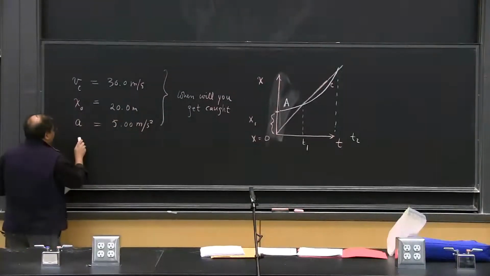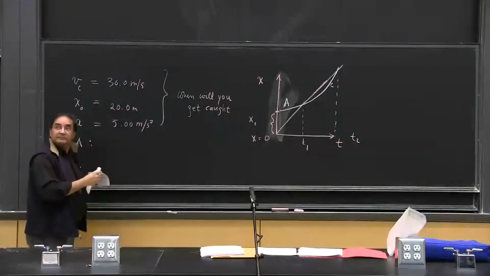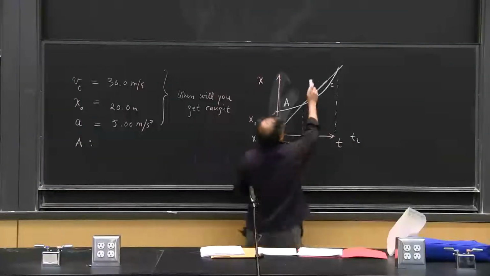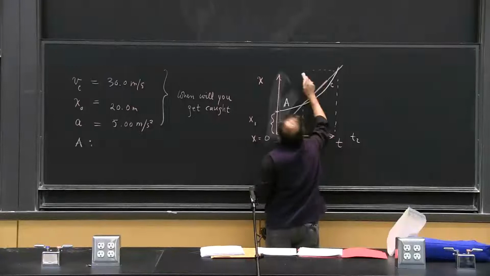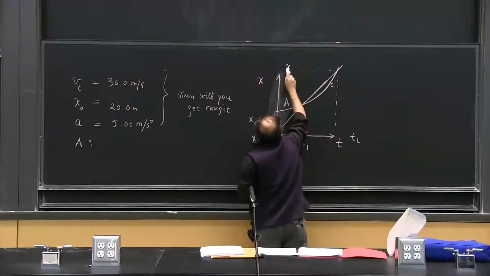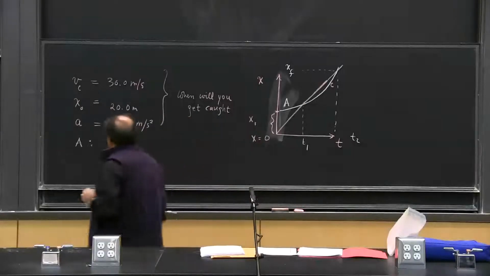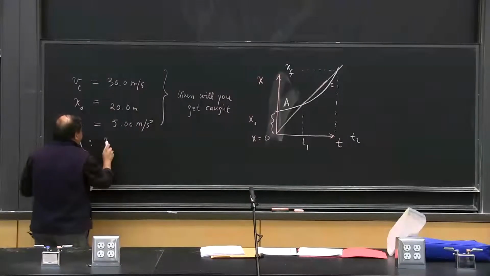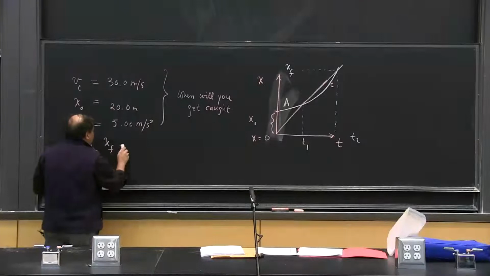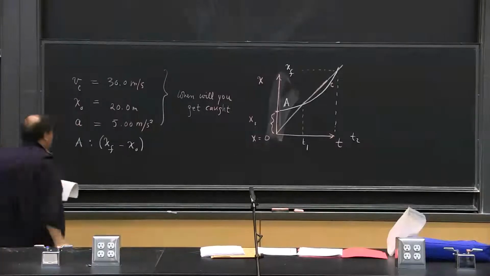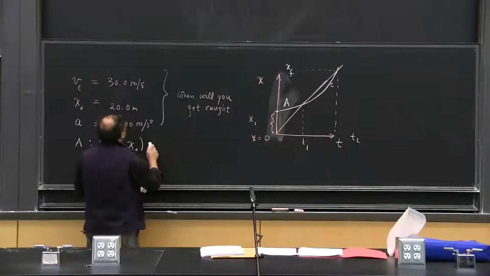The equation for A, so I call it A colon, is for the place where the cop catches you. In this case, we generically call it x final. So I can say x final minus x0 would be the displacement of the cop, since the cop is starting from rest.